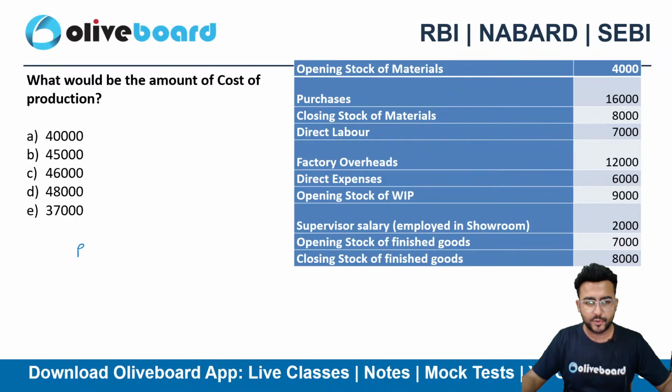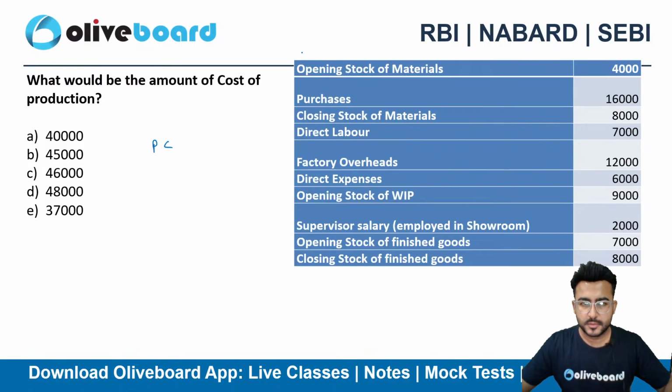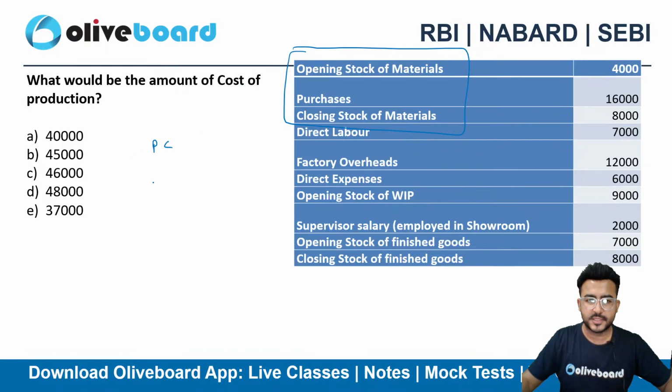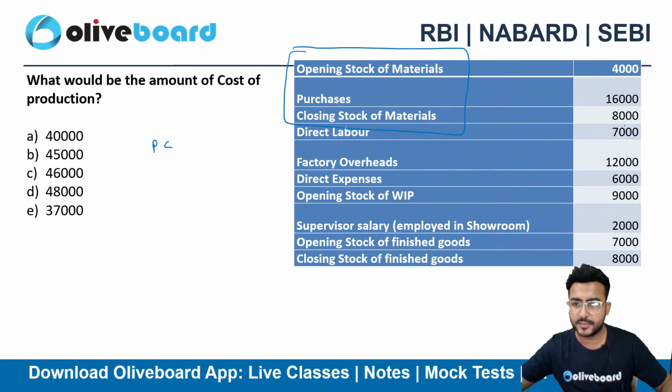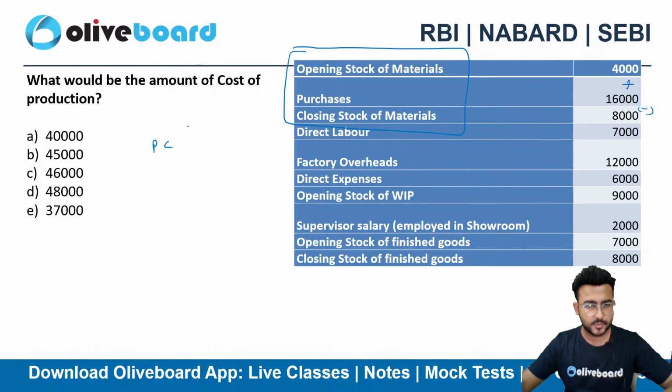So first I need to compute my prime cost. This will be my raw material consumed, 4000 plus 16,000 minus 8,000. This will be my prime cost. My prime cost will be 25,000.